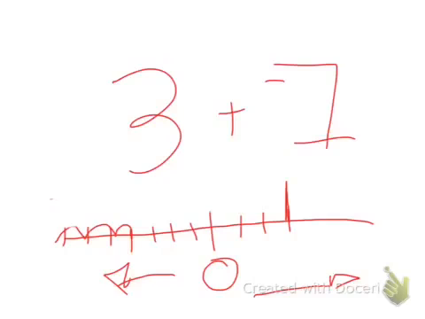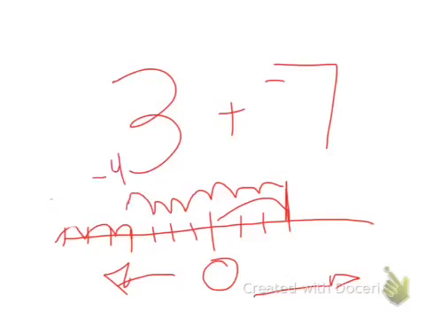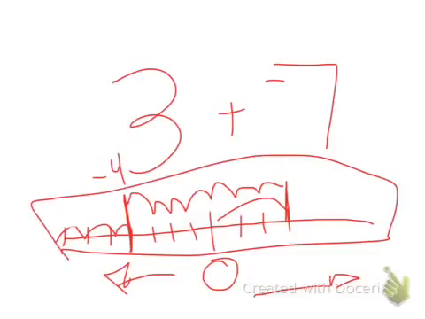So we have positive 3 right here, and then we're going to go -7: 1, 2, 3, 4, 5, 6, 7. You see, no matter how we do it, we're going to end up at -4. Not too hard. If you are having trouble with this concept, I highly recommend using this number line. If you can use a number line, you'll ace it.